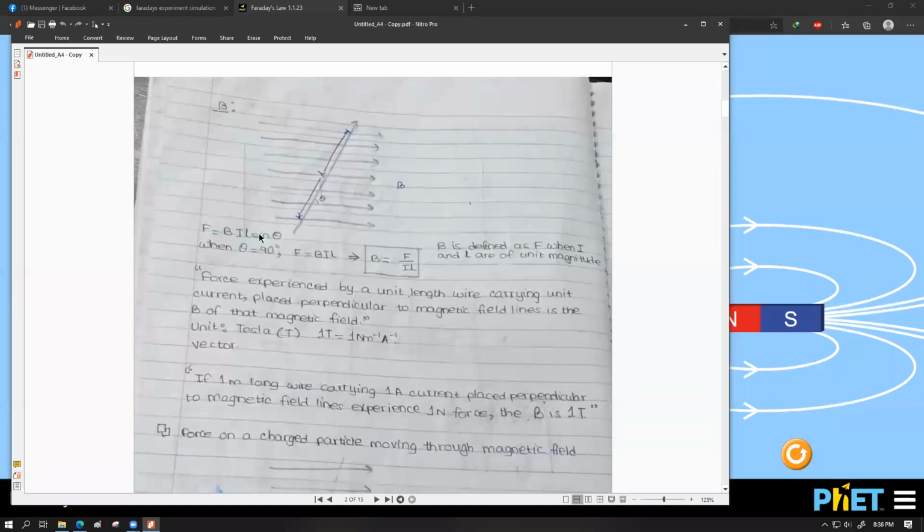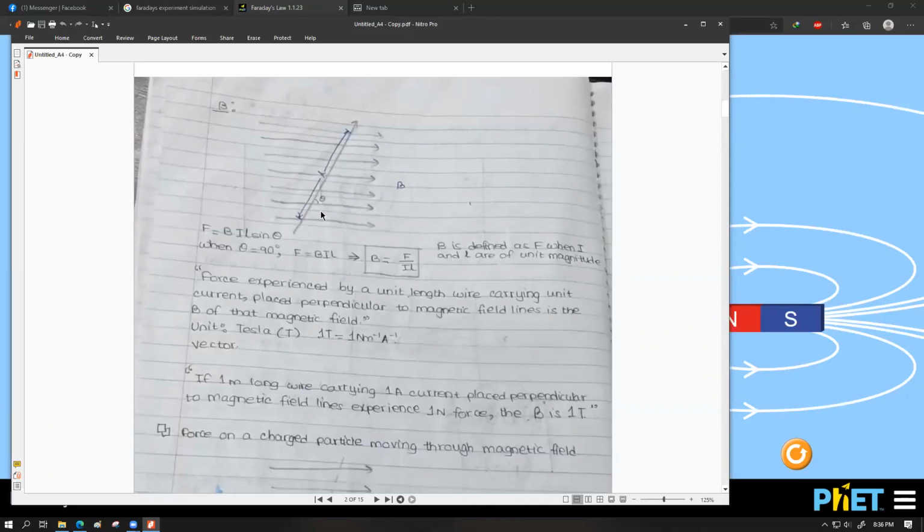If there is no cutting, then there would be no EMF. If the current flow line and the magnetic field lines are parallel to each other, both horizontal, let's say this wire was aligned this way, then this theta value would become 0. If theta becomes 0, then sine theta will also become 0. Altogether, the force would become 0, irrespective of the value of B or I or L.